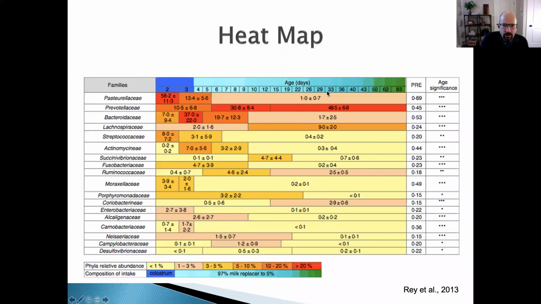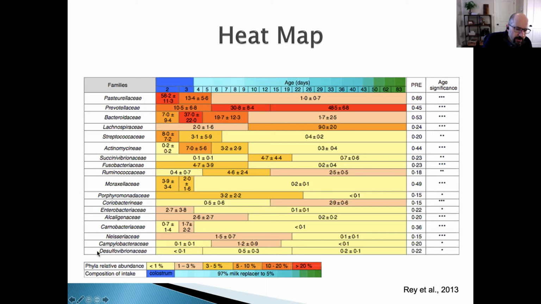And as they get older and older, they change the diet, and you can see changes in the microbiota. Okay, so everything that is red is more than 20% abundance. So you can see here that the Pasteurellaceae here is at the family level.